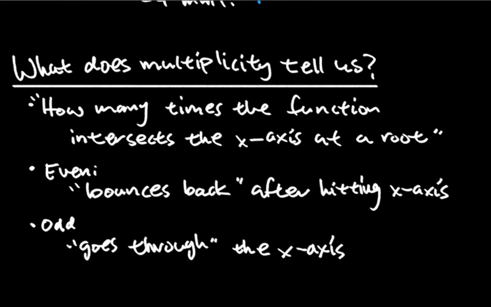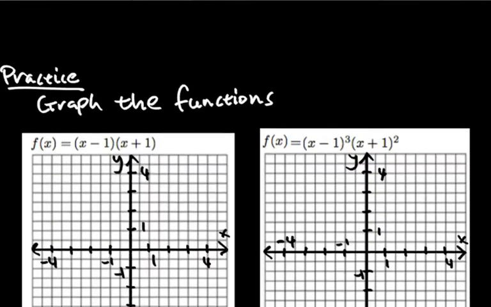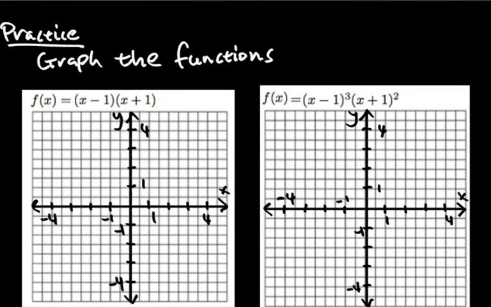So let's just apply that and practice it. So let's figure out what the roots are first. The roots here are clearly -1 and 1. And then they're both multiplicity of 1. So we know that's going to just go through the axis.